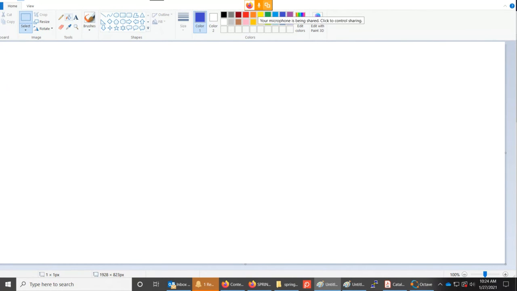All right, let me try and draw this again here. It's just really kind of difficult to draw with a mouse. All right, so here we're going to have a resistor of 100 ohms.